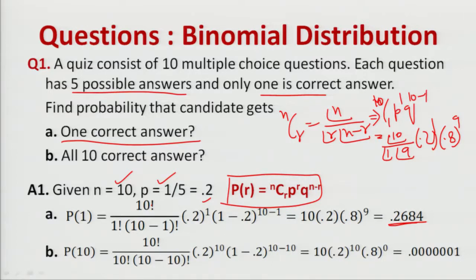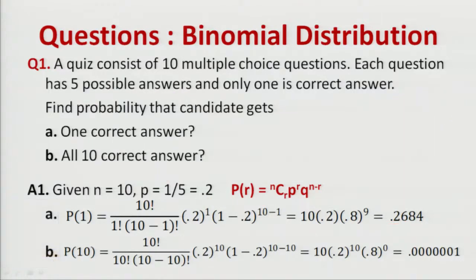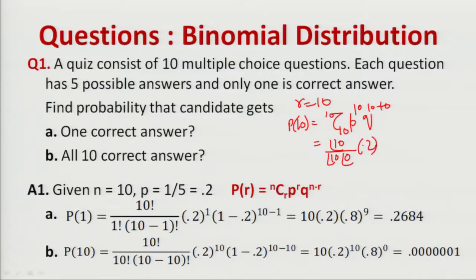The second part of this question is, what would be the chance that all 10 of your answers are correct? All 10 answers correct means r is equal to 10. In this case, the probability of 10 is equal to 10C10 p to the power 10, q to the power 10 minus 10, which is equal to factorial 10 upon factorial 10, factorial 0, p meaning 0.2 to the power 10 and 0.8 to the power 0.